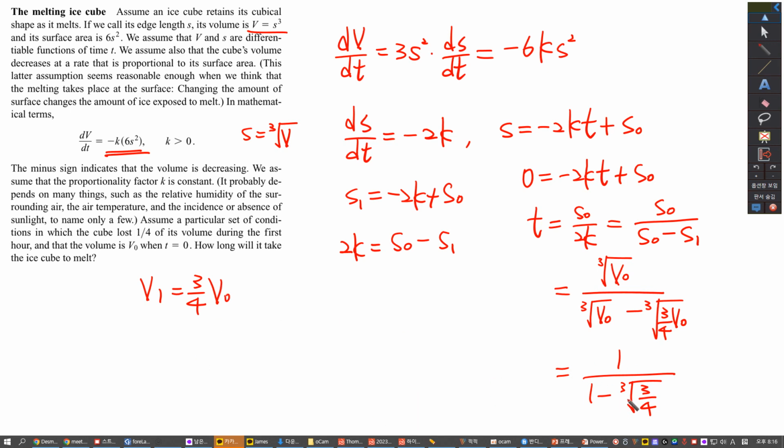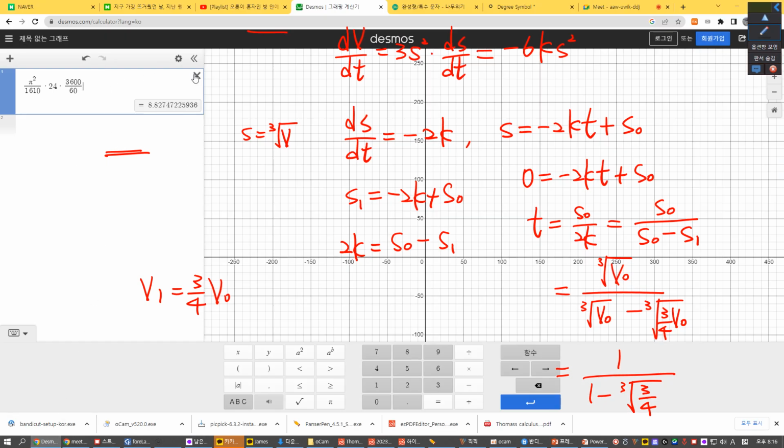So we need to use calculator to find this value. That's about 10.9.